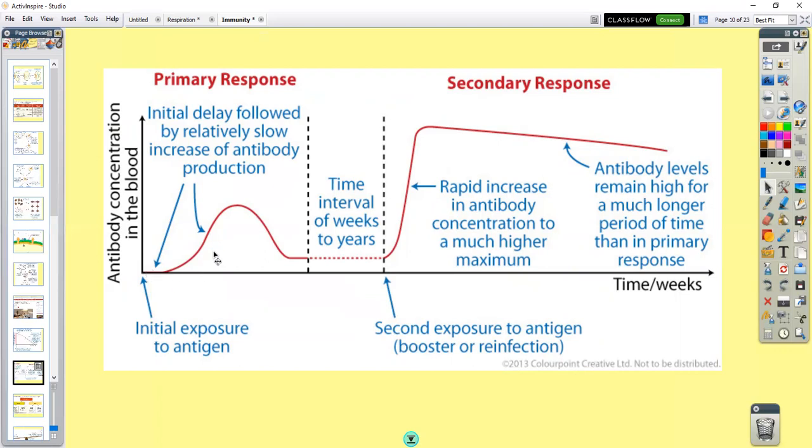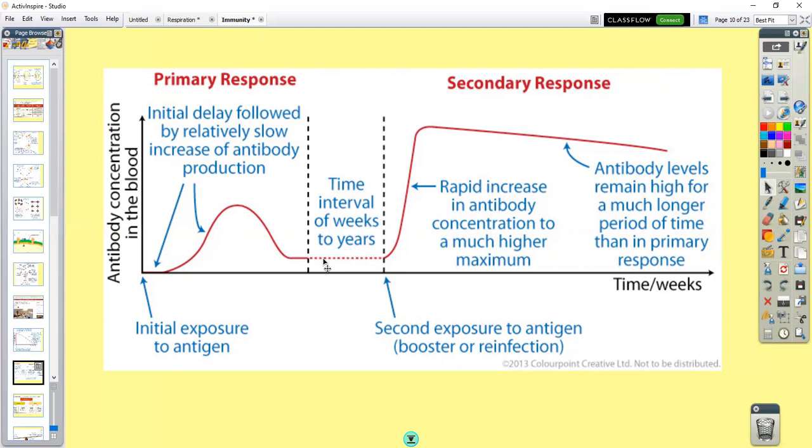It will take a while for your B lymphocytes to recognize that antigen, produce the plasma cells, and then produce antibodies. That could be up to a few days, could be a week. You will then produce those antibodies, which will hopefully get rid of that infection or kill off that antigen. Then the number of antibodies in your blood drops off.